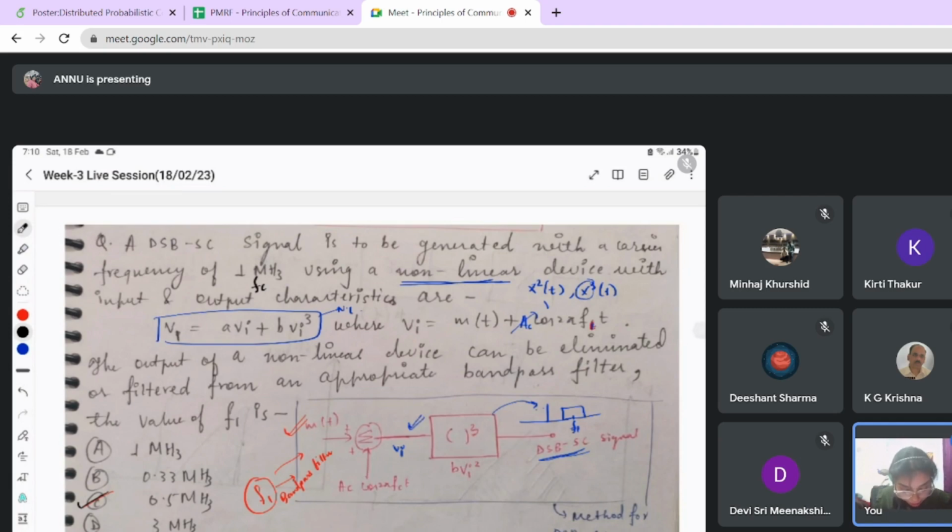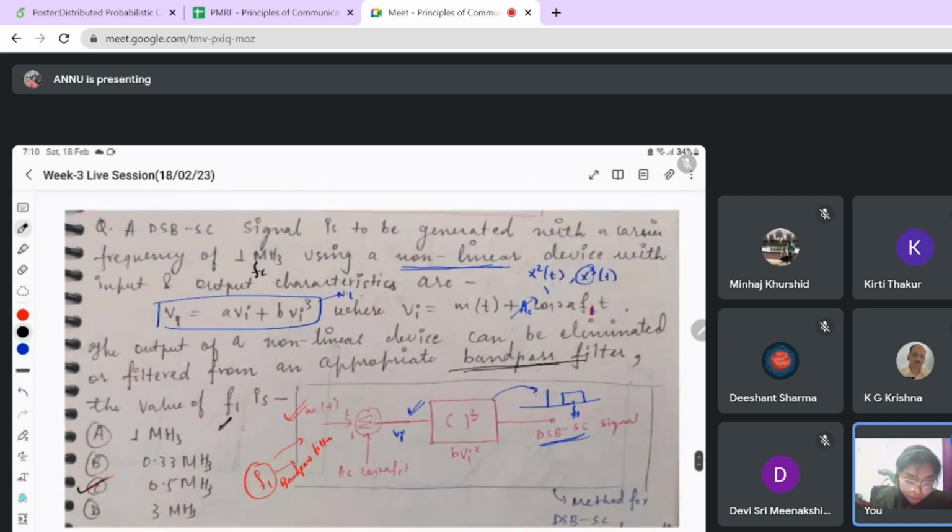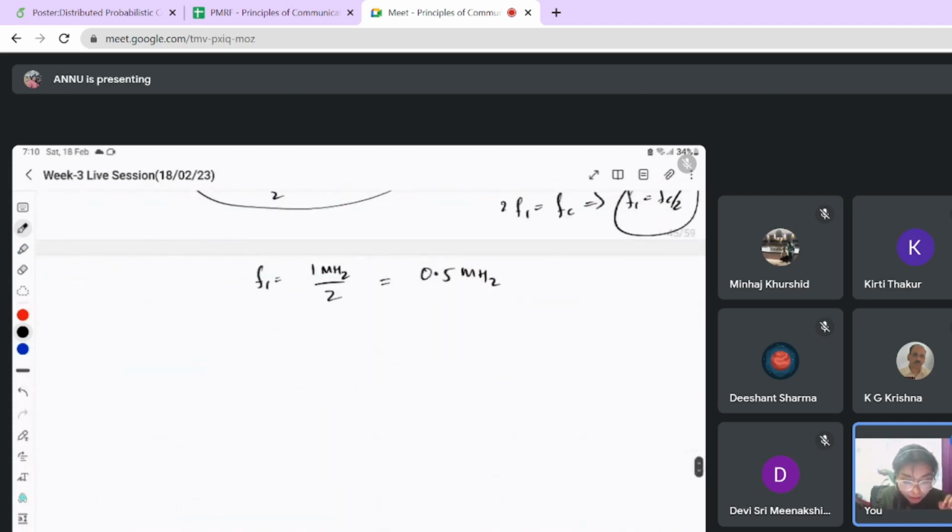So what should be the value of f1? We have just calculated that f1 should be 1 megahertz divided by 2, which is 0.5 megahertz. Understood?